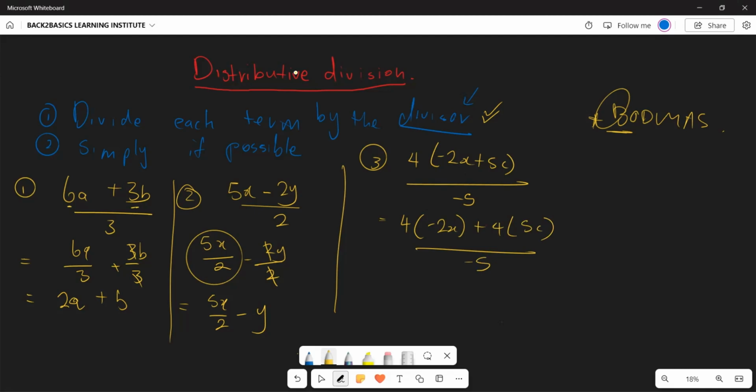And now from here, let's solve. 4 times 2 is 8, so this is going to be negative 8x.